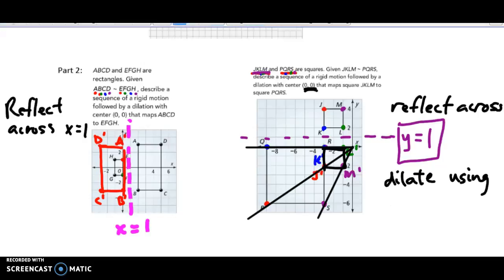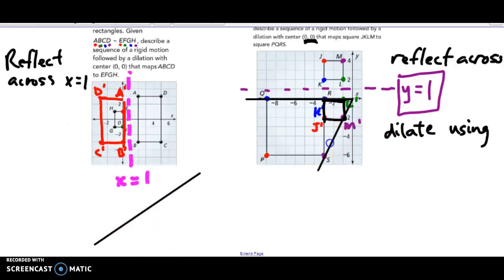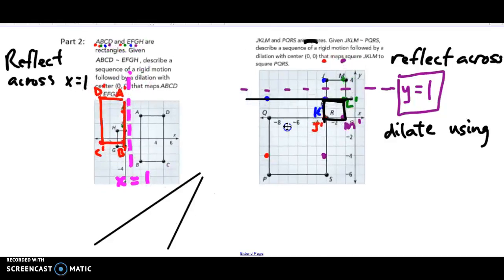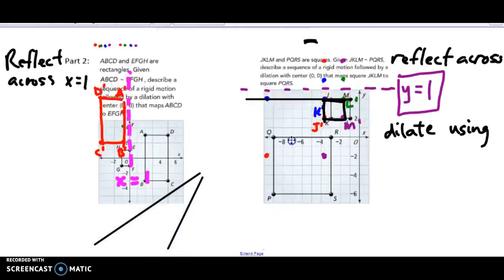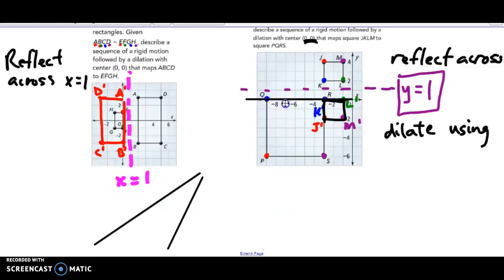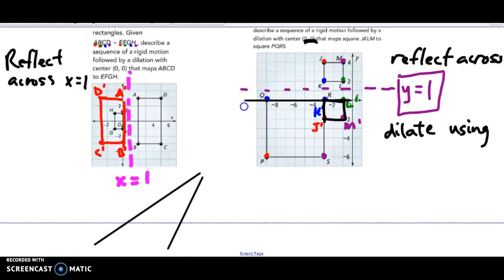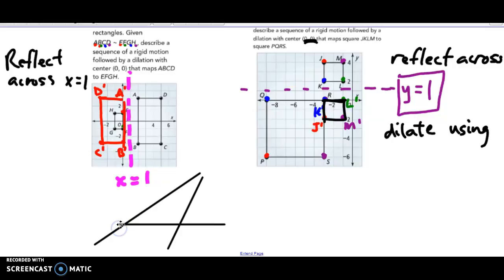Oh, this is not working very well. Sorry. I just want to clean it up a little bit so that we can see better. So let's maybe just drag some of this out of the way. So that we can see. All right, well, that didn't work well. There we go.